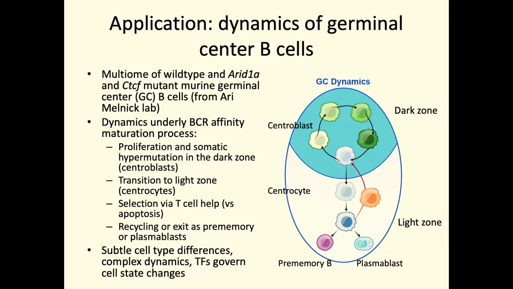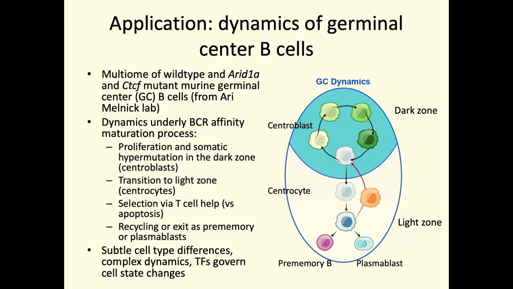And then we thought, there have been so many of these papers, except not in multiome. So luckily, not in multiome. We need to do something really hard. So what we decided to do is model the dynamics of B cells going through the germinal center reaction.